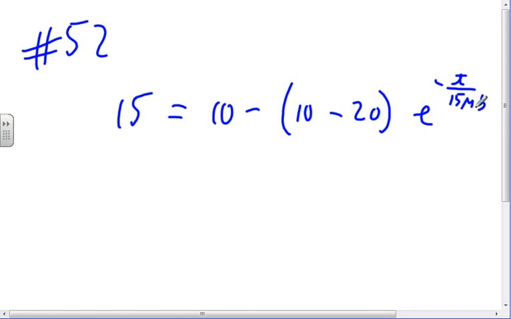What are we solving anyway? For the following equations, find t. There it is. I found it.